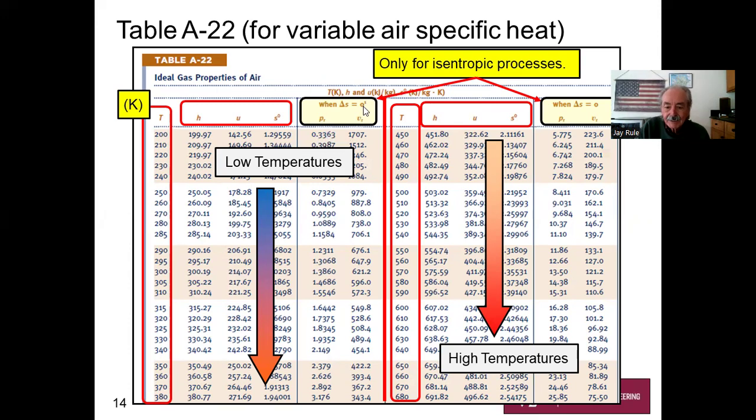But it says that when delta S equals 0, these two columns, PR and VR, only apply to processes that are isentropic, delta S equals 0. Be very aware of that. A little bit more about PR and VR shortly. I hope you got it.